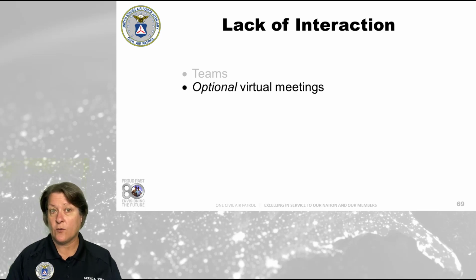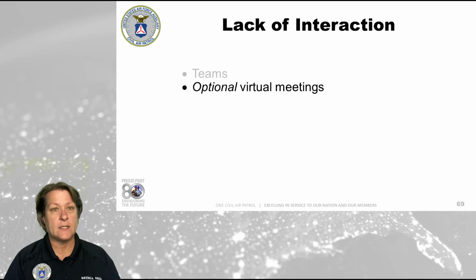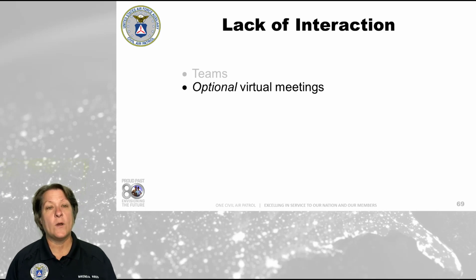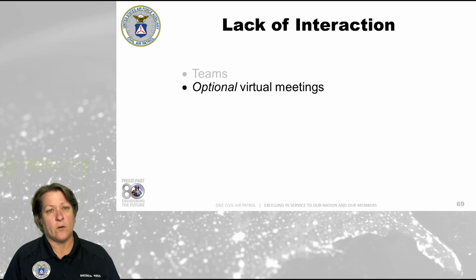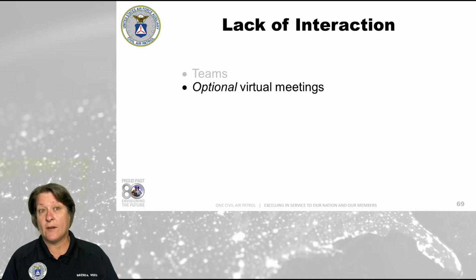Different times, different places. We do not require anybody to meet at a specific time because, again, our members are all over the world, with different responsibilities, and we just are not going to force them into a specific time for a meeting. However, if you want to have an optional virtual meeting, talk to your instructor.